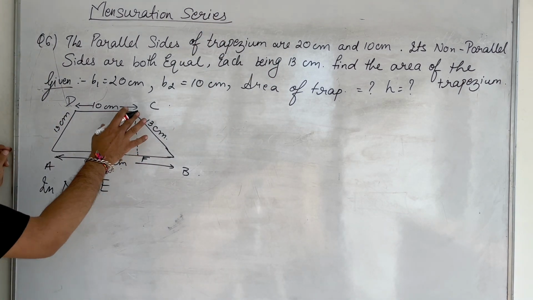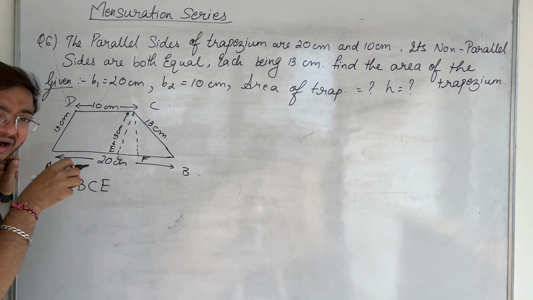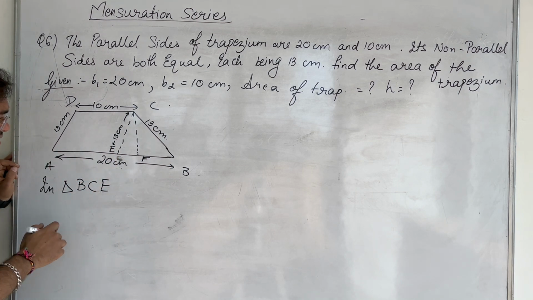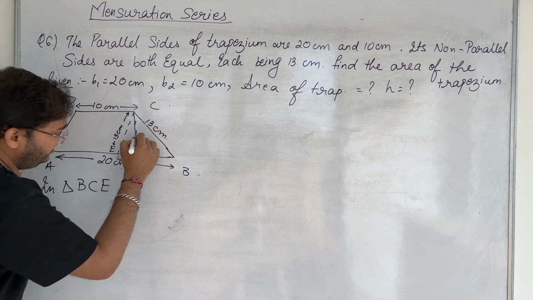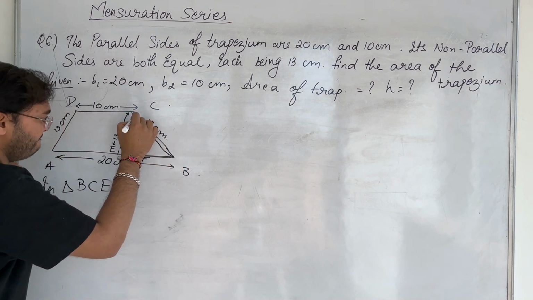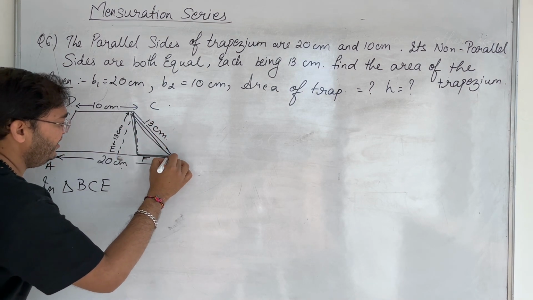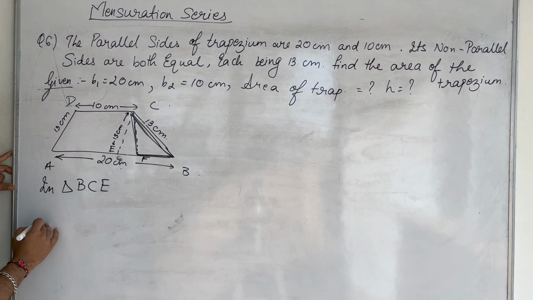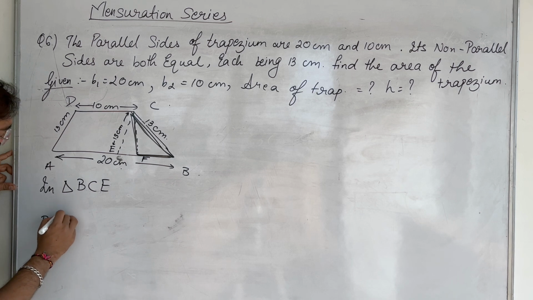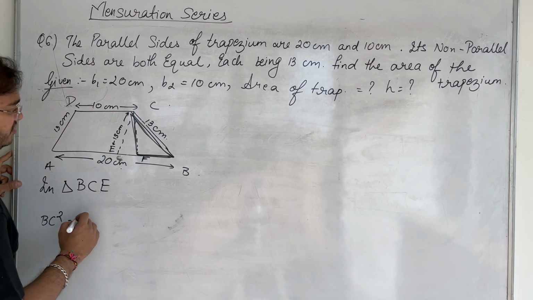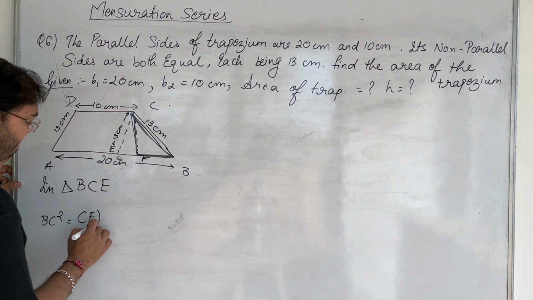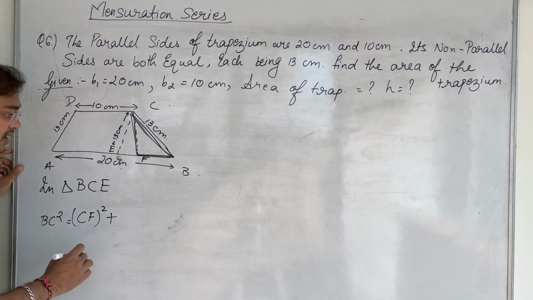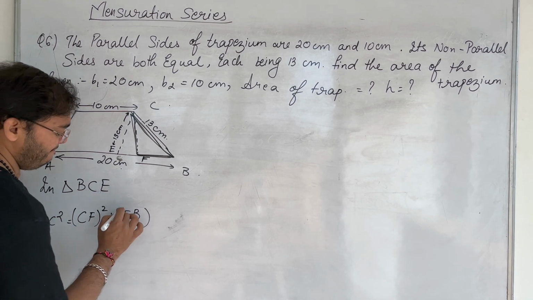How can I find it? This is a triangle. Can I use the Pythagoras theorem here? If I take this as a triangle, then this is a right angle triangle, and for a right angle triangle we can use the Pythagoras theorem. That means BC square, hypotenuse square, equals perpendicular square plus base square.